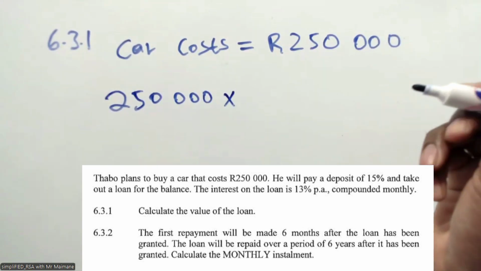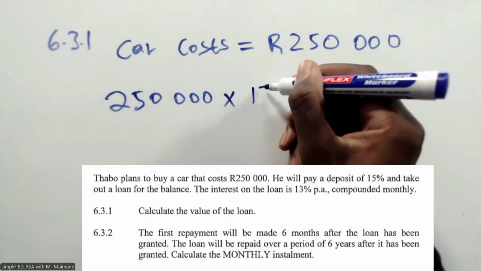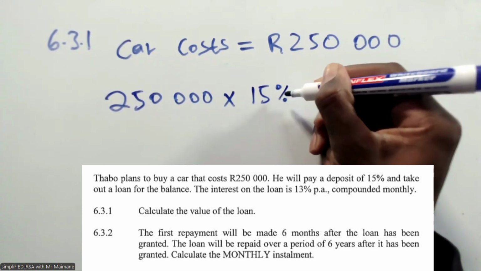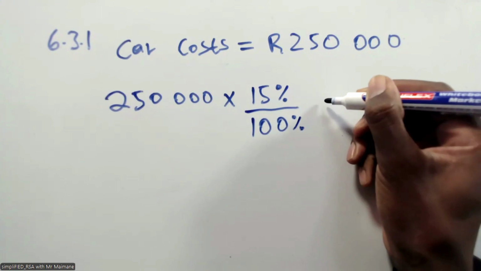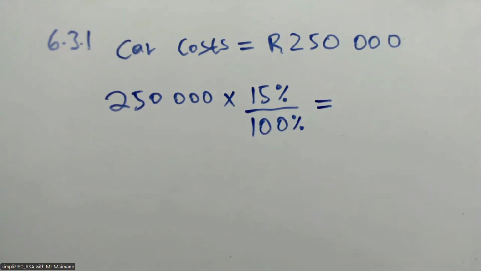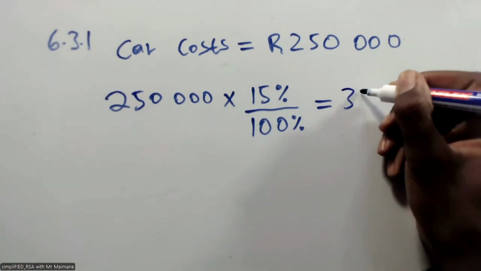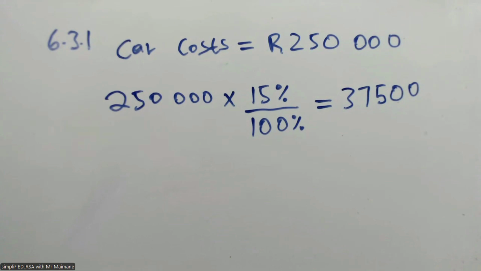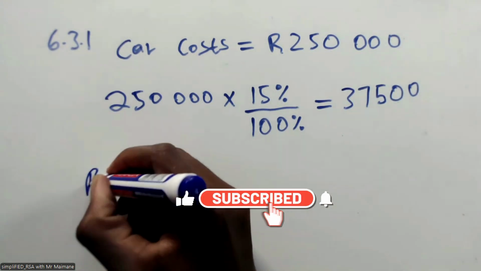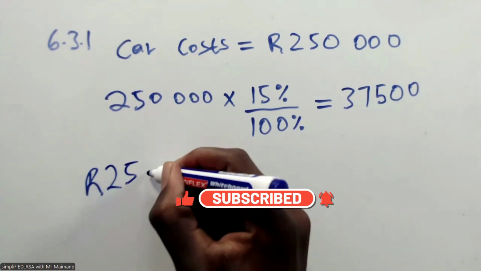To get 15% of 250,000, I'm going to multiply this by 15% divided by 100%. And this will give me the value of 37,500.